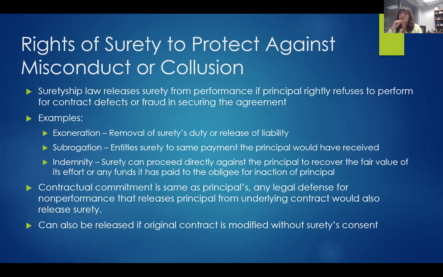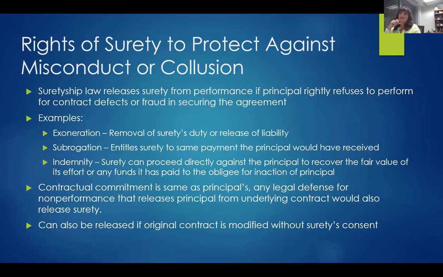Some examples. First of all, if there's extreme fraud involved, the surety would have the ability to be removed from their duty and be released of any liability if they've been lied to and the contract was put in place under false pretenses. Through subrogation, it also entitles the surety to get the same payment that the principal would have received.